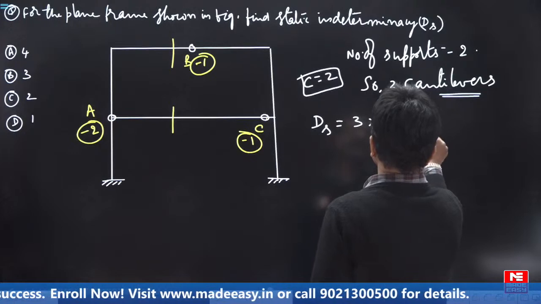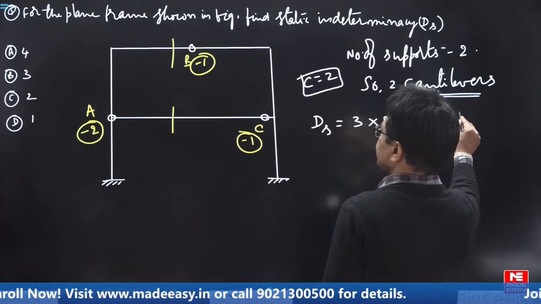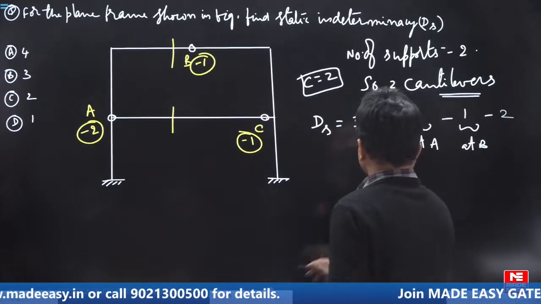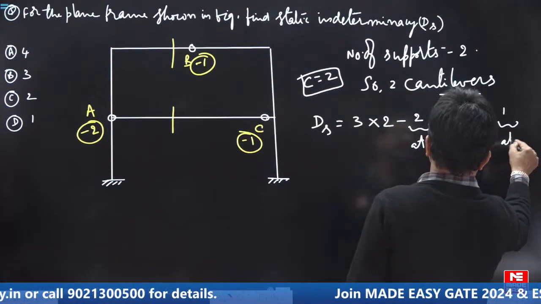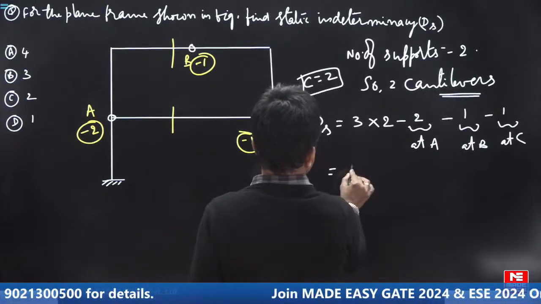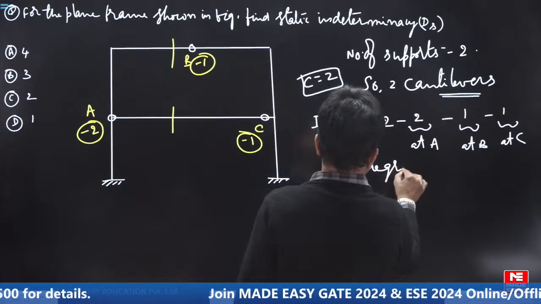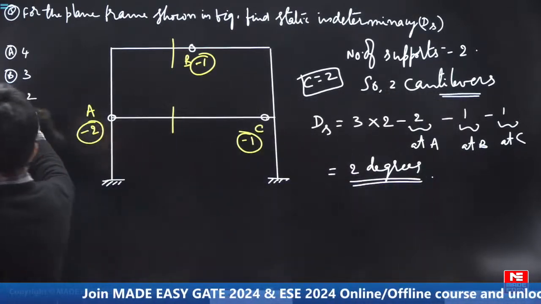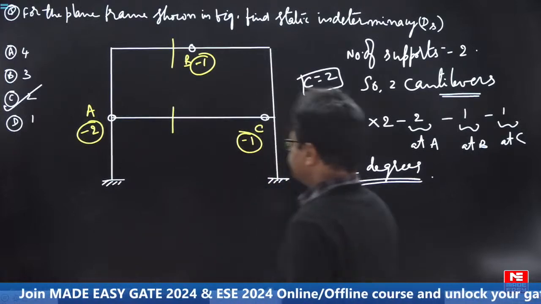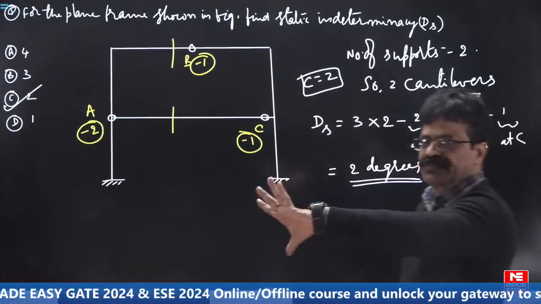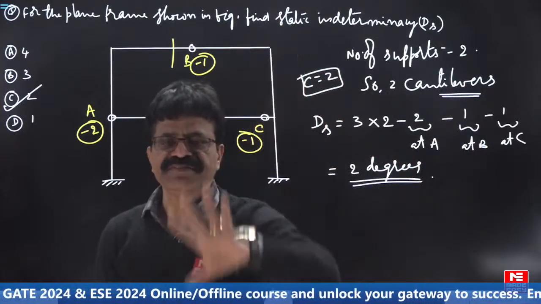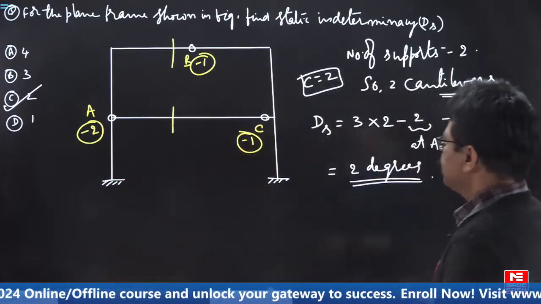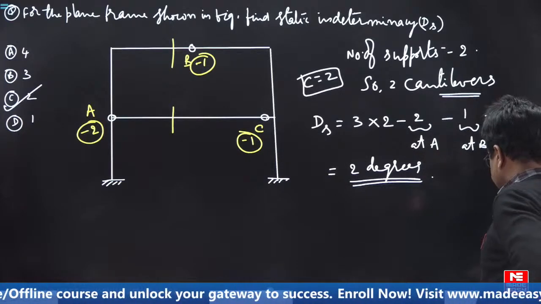So minus 2 at A, minus 1 at B, minus 1 at C. So 6 minus 4, 2 degrees. So this is how Ds is calculated. Okay. So this process I have told you, out of all the methods, cantilever method is the best way to get out of the problem.